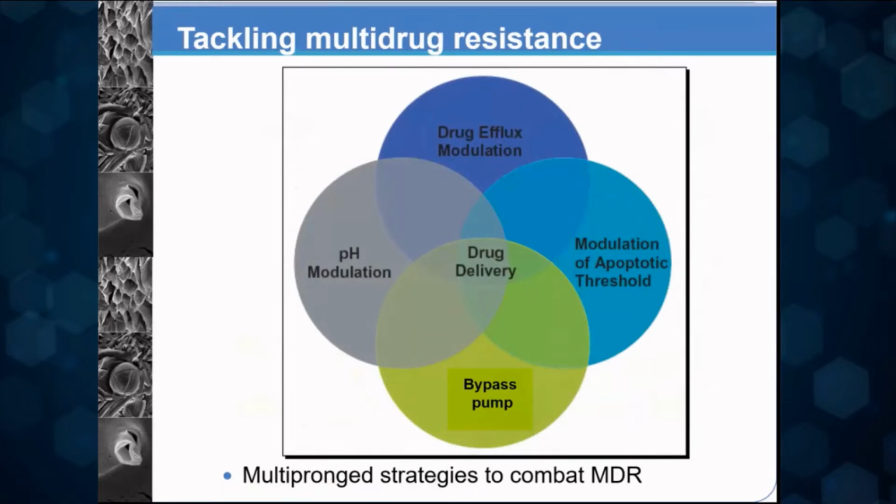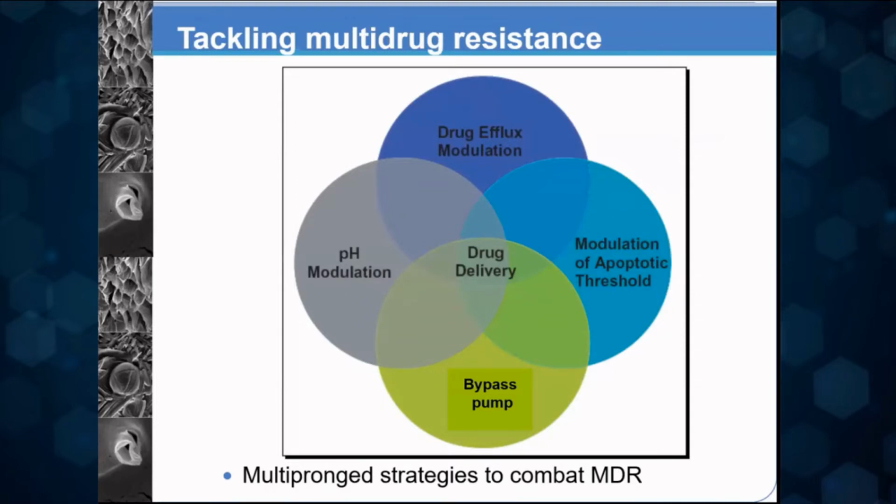Now, multi-drug resistance actually is seen in multiple diseases. We are familiar with this concept with bacterial infections, we have multi-drug resistant bacteria. And similarly, in cancers also, there's a concept of multi-drug resistance. What this means is the drug ceases to have effectiveness on certain disease states.